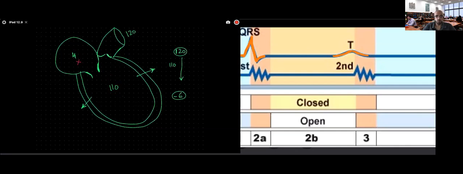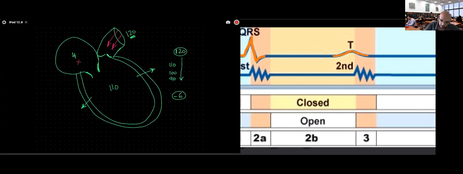Yes. See, you've got the concept. So the blood's going to be trying to move backwards as I'm relaxing, reducing the tension, pressure is going down, 110 still. The blood is going to be trying to move backwards to the ventricle from the aorta or the pulmonary trunk, and it's not going to be trying to move down from the atrium to the ventricle.